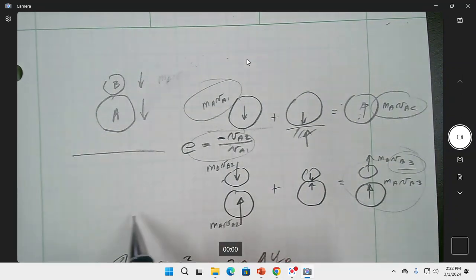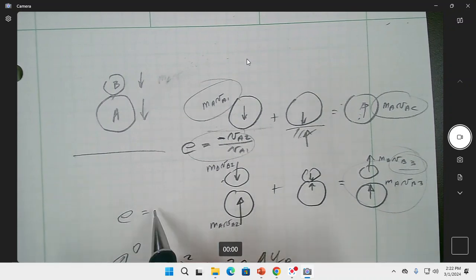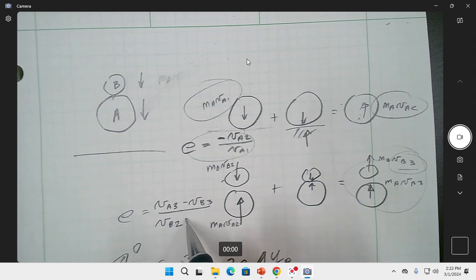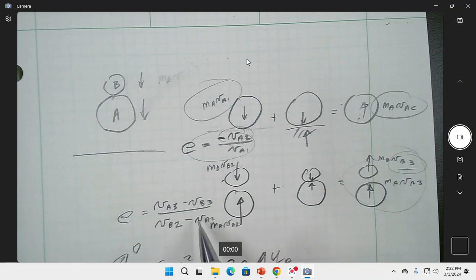But then you also have the E again, where you have, let's say, VA minus VB3 equals E times, B2, which is actually going to be 0, right? VA2, which is what we just found up here. And then make sure that you put the signs in here as they match in the diagram.